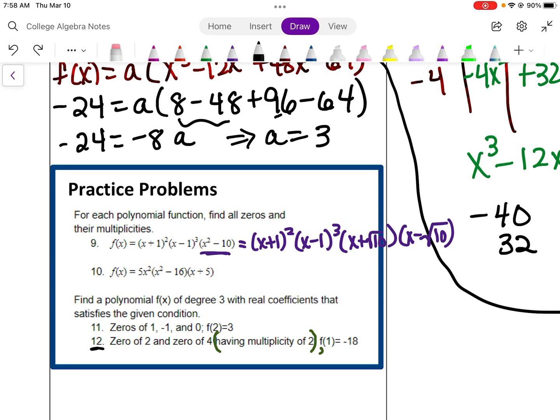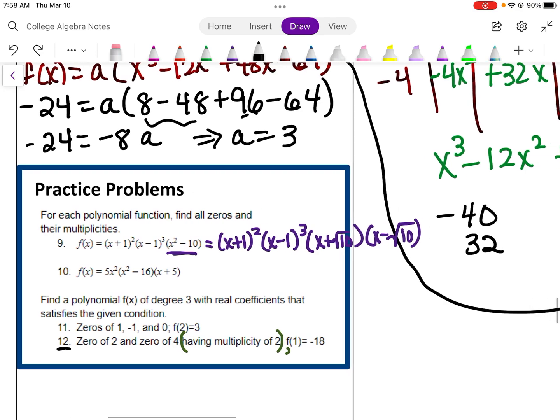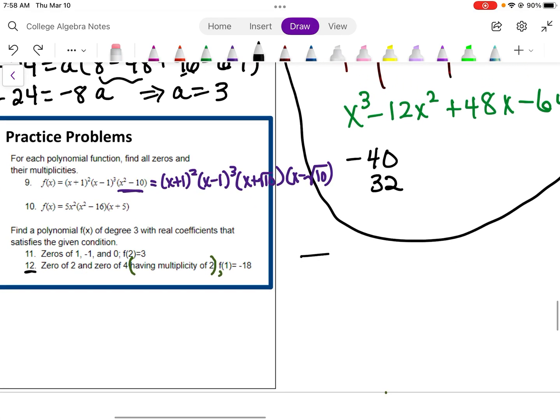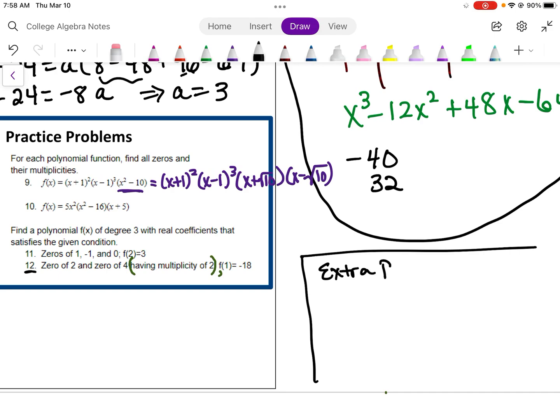And then from here, you can tell me the zeros. Each factor produces a 0, and the exponent on the factor is the multiplicity. So just to get you going there, I'll show you a practice problem that's a little different. So extra problem, like numbers 9 and 10.